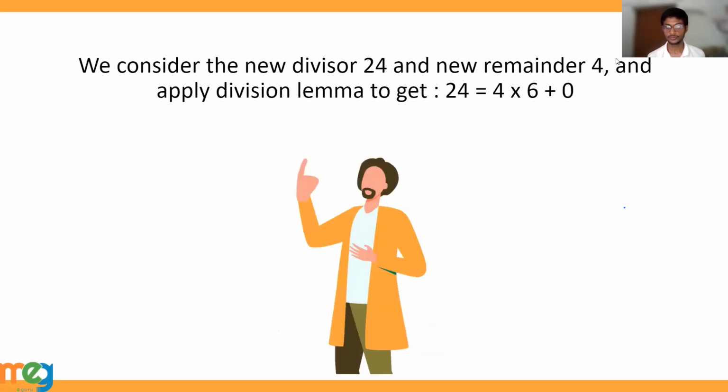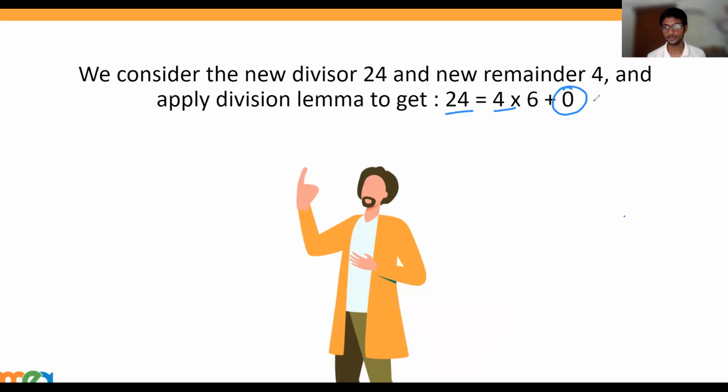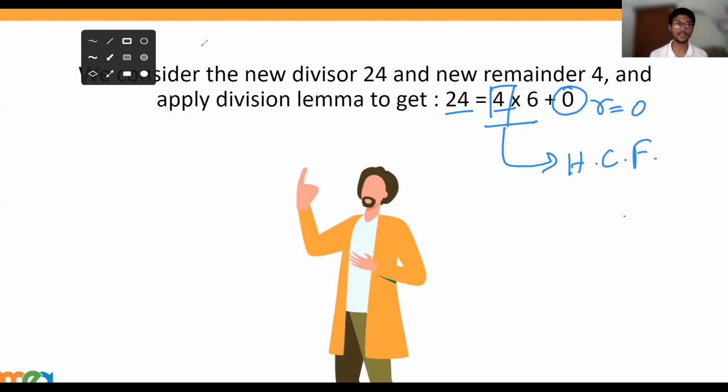After dividing 24 by 4, we got remainder 0. Here we will stop and consider this value as our HCF, which is given in the second slide.